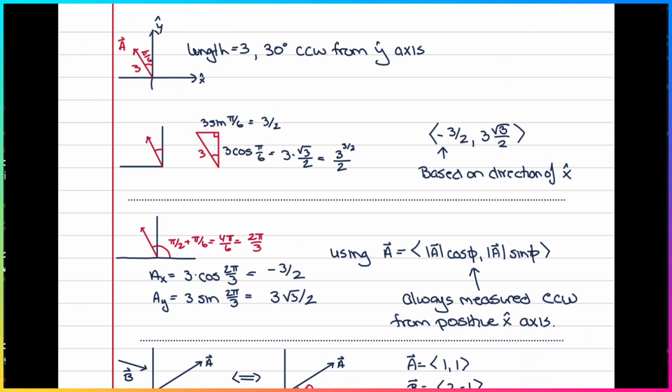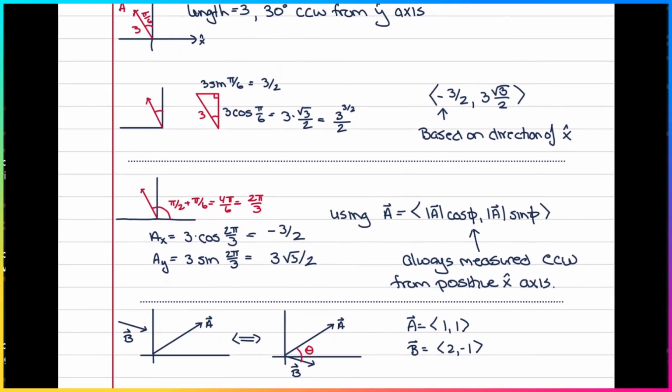SOHCAHTOA, that's just triangles. This formula is making the further assumption that you're always measuring from the positive x-axis. So don't think x is always cosine and y is always sine. This formula has it that way as long as you measure from the positive x-axis. Anyway.